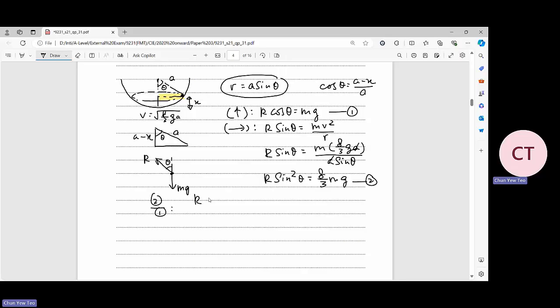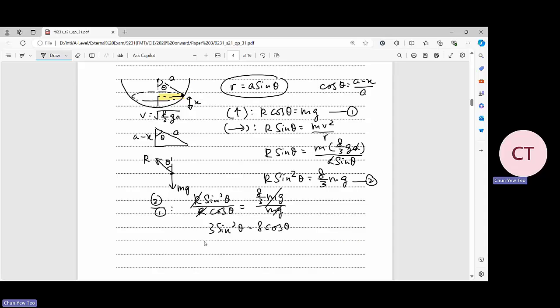You will have R sin² θ over R cos θ equals 8 over 3 mg divided by mg. So the mg can be cancelled off, and R also can cancel off. You will have 3 sin² θ equal to 8 cos θ.